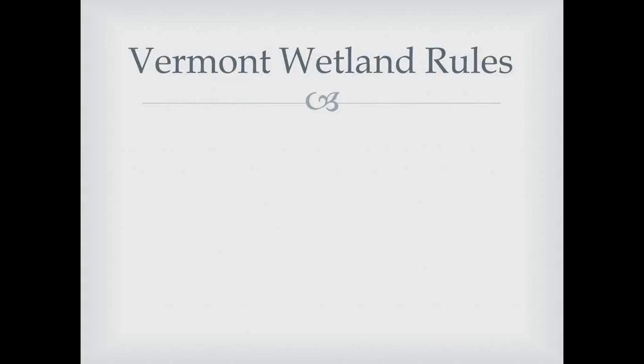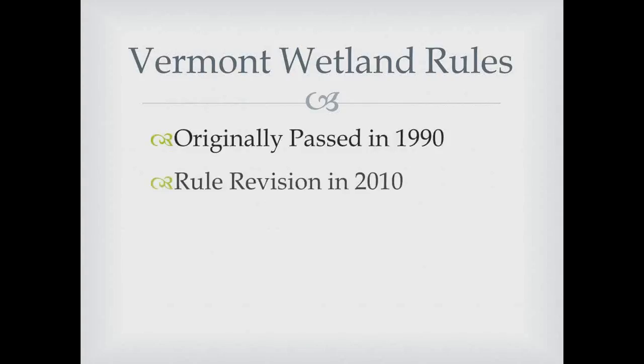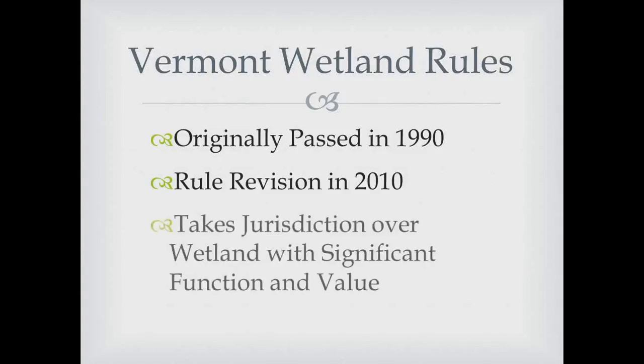Great, thank you. So the next section is about the Vermont Wetland Rules. The rules were originally passed in 1990. There was a major rule revision in 2010, and the rules basically take jurisdiction over wetlands with significant function and value.